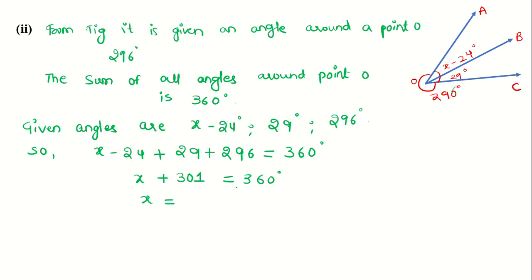Now, x equals, take this 301 to your right side, it will be minus 301. Now, x is equal to 360 minus 301, which is 59 degrees. Okay. So, in the second sub question, the value of x is 59 degrees. Right.